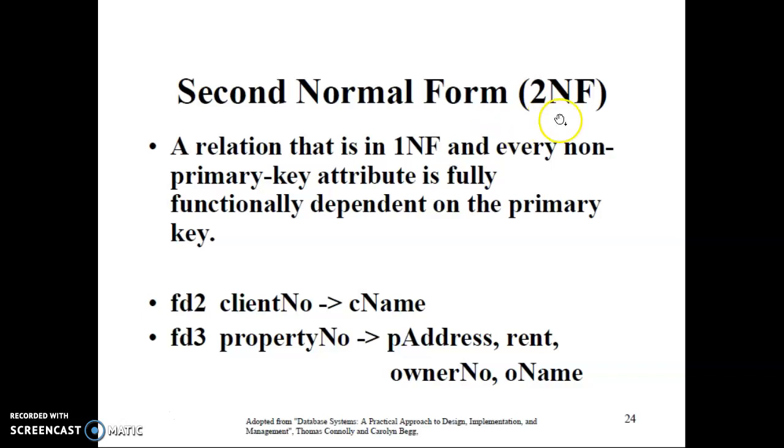And every non-key attribute, every non-primary key attribute, is fully functionally dependent on the primary key. So this is the rule we have to follow to transform the first normal form table into second normal form.